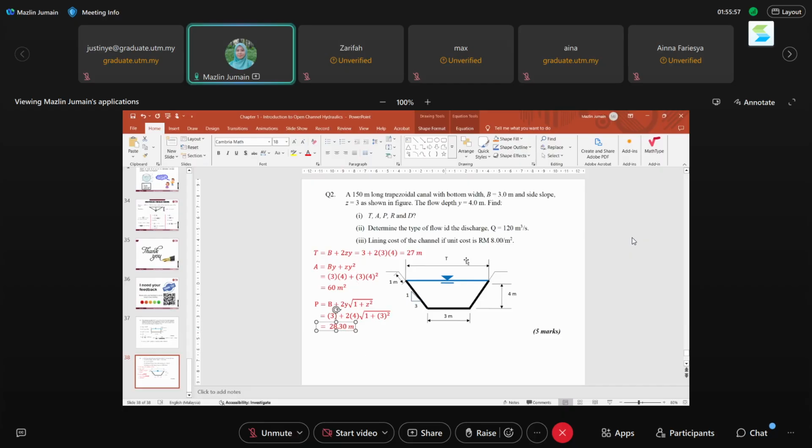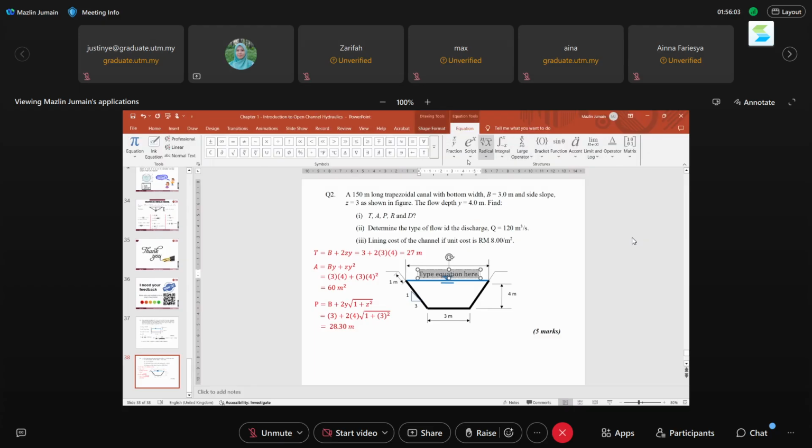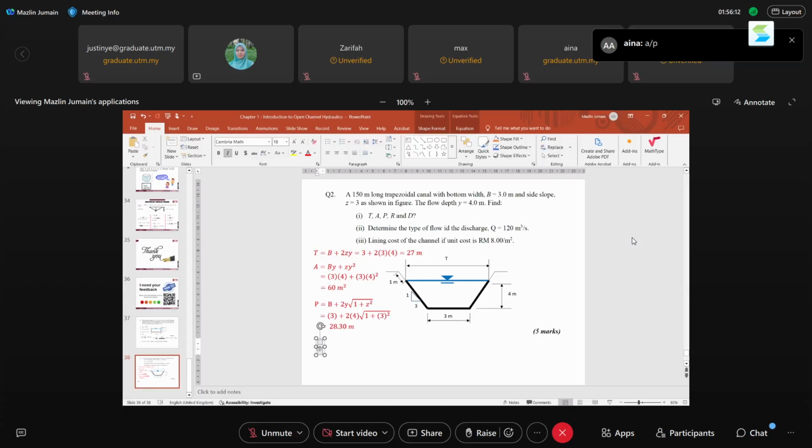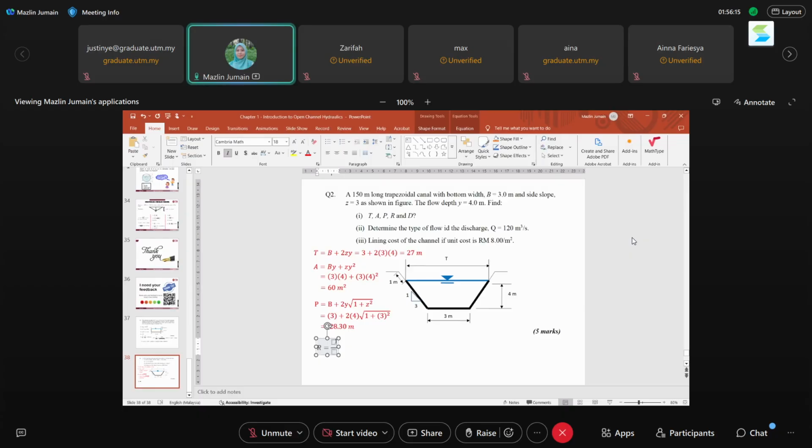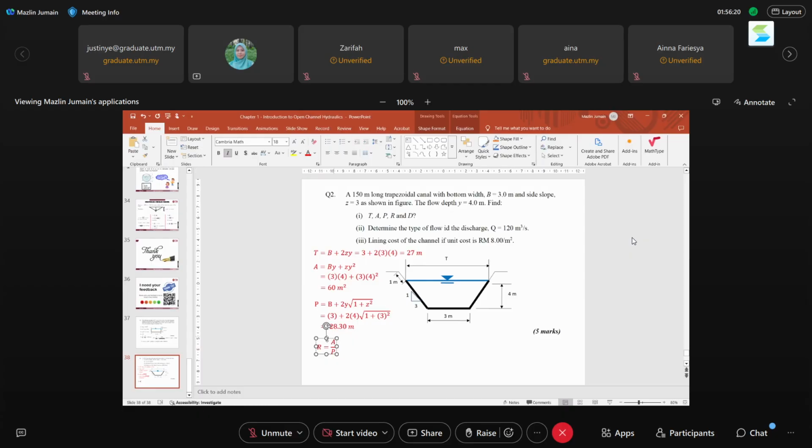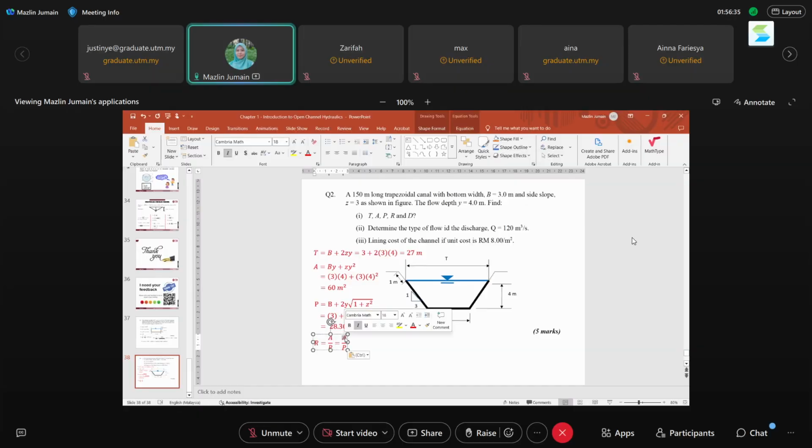Okay, and then next for R, hydraulic radius. So R equal to A over P. A is 60, and then for P 28.3.